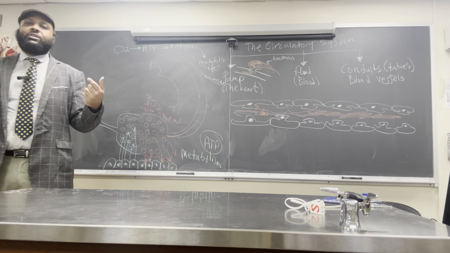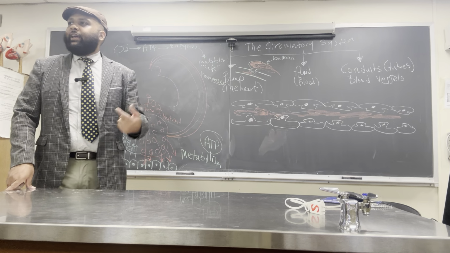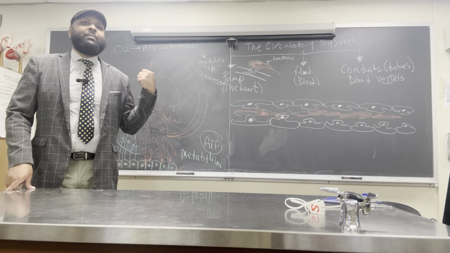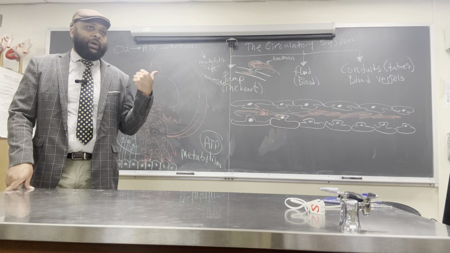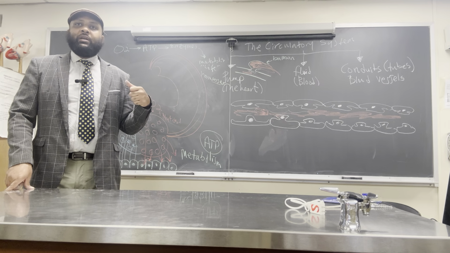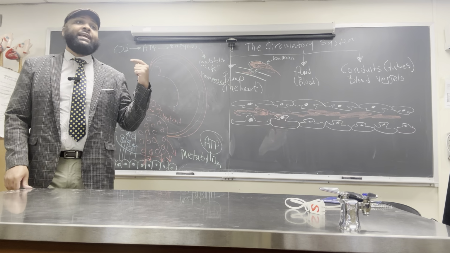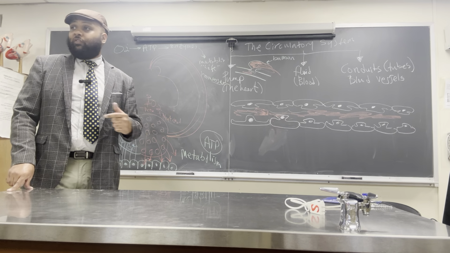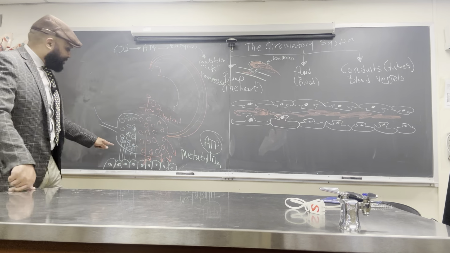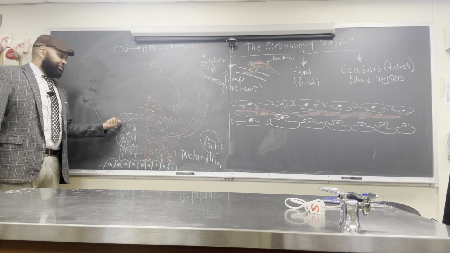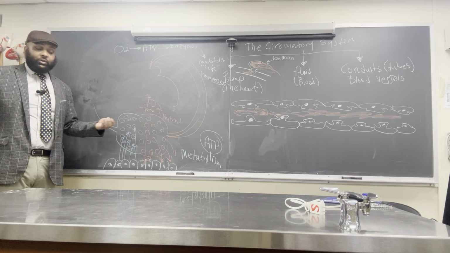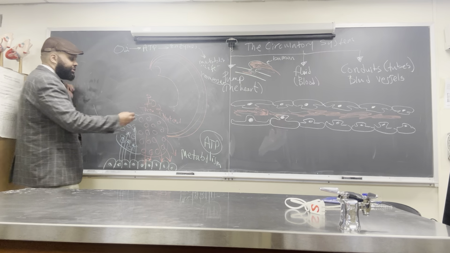When the tissue uses oxygen to make ATP, is there no metabolic waste? Is there no nitrogenous waste building up? That is all a natural byproduct of metabolism. So we need to send that back into the blue side of the circulation. What do we call the red side of the circulation?